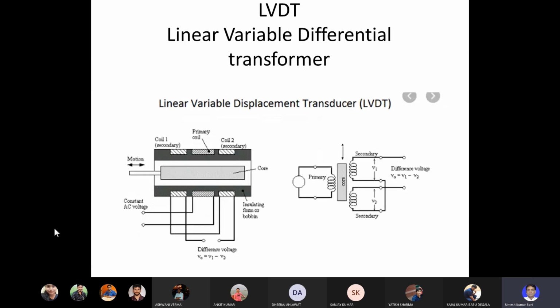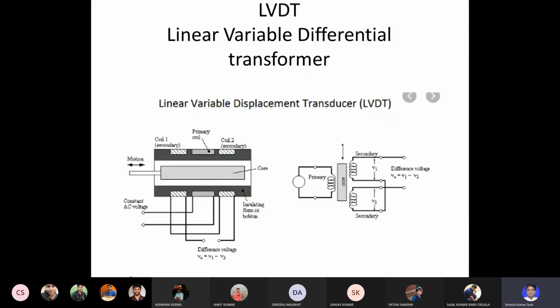At the equilibrium position, when this magnetic core is in the central position, the flux linkage to both coils from the primary coil will be equal. In that case, the induced EMF will be the same, so according to the circuit here, the differential voltage will be 0.